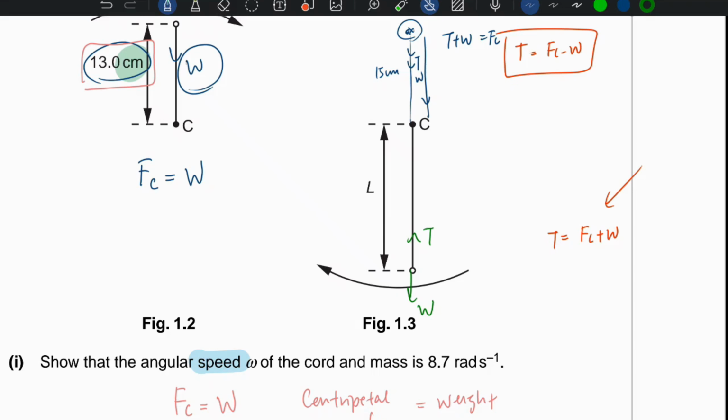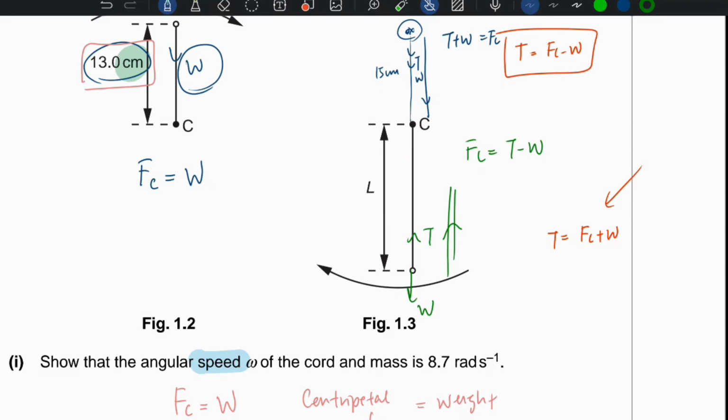Is it T minus W or is it T plus W? Our net force, which is our centripetal force, is acting towards the center of the circle because you're moving in a vertical circle. Therefore, your net force is acting upwards. So your tension must minus your weight. So centripetal force is tension minus weight.